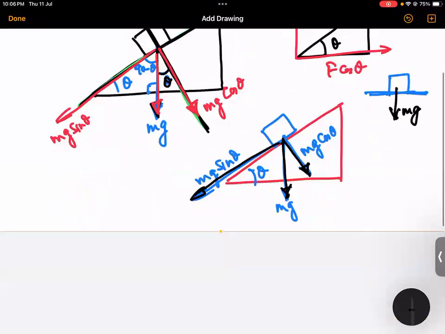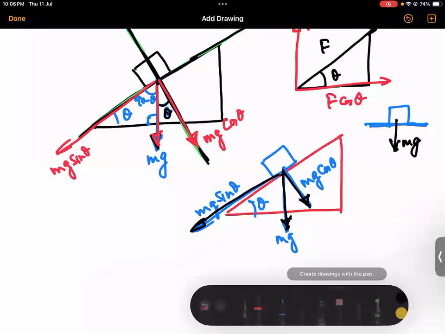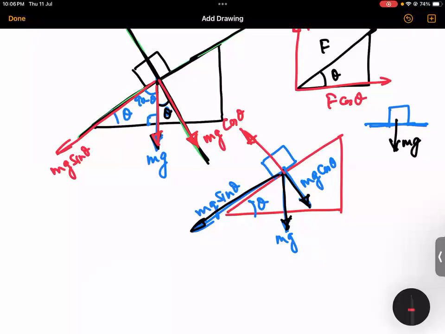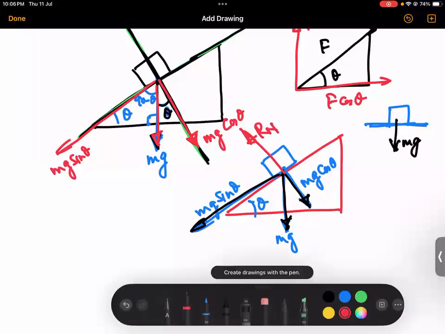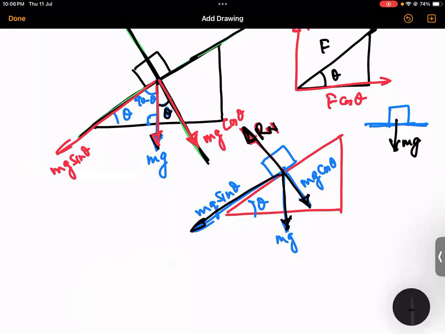Now let me give you some problems on inclined plane that will be very helpful for you. I will be gradually shifting to the problems, and the level of problems I will increase gradually. Another important thing I would like to draw your attention to: this is your reaction, and this reaction is also known as normal reaction.